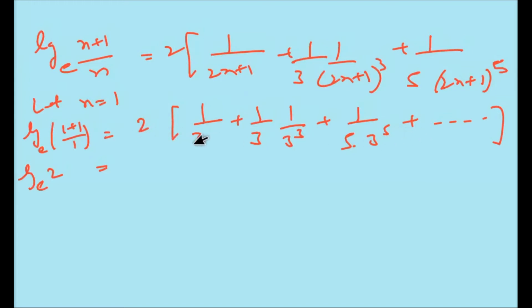So if we divide 1 by 3 and then divide the value of this by 9, we can calculate 3 cube, and again if we divide the value by 3 square, this way you can find the value regularly.